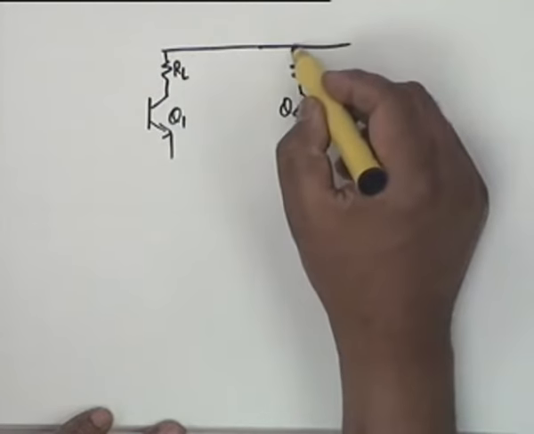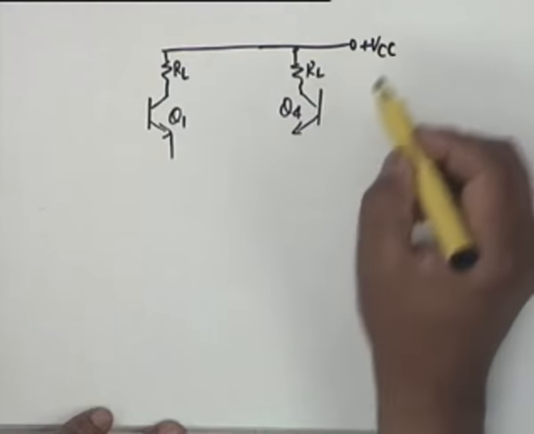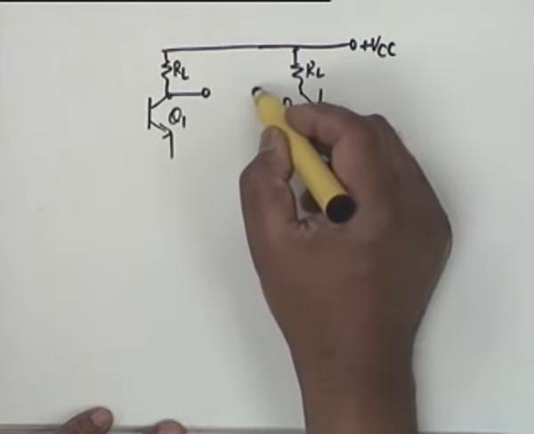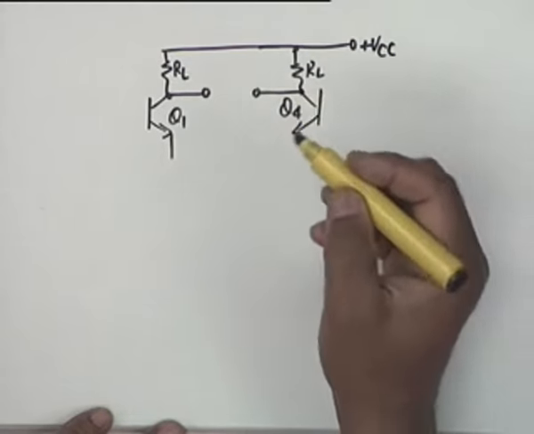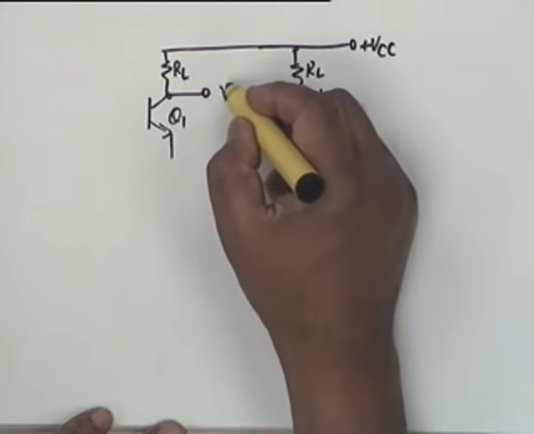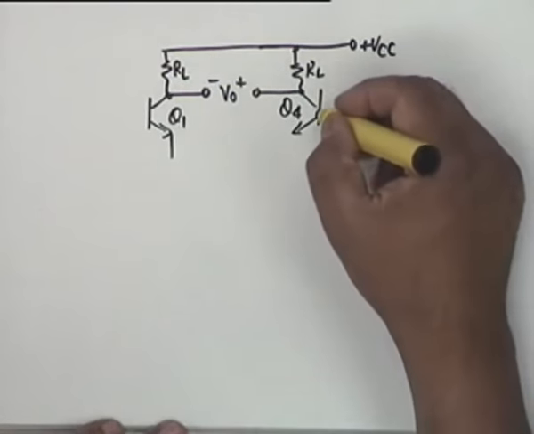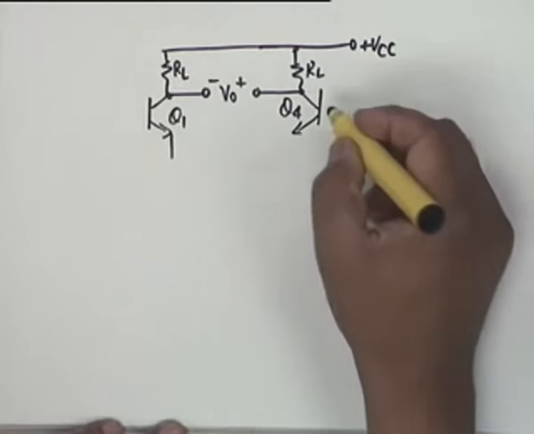This goes to plus VCC. The currents are converted to voltages, and therefore your output signal would be the differential signal here, V0, let's say plus minus. You can assign some polarities to this.